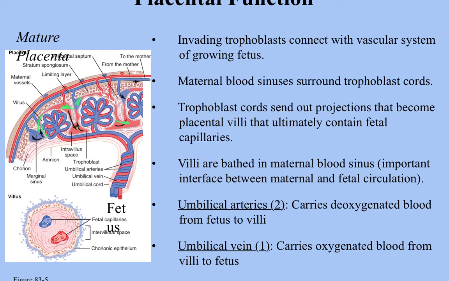And you notice the villi has a single layer of cells between the maternal blood pool and the capillaries of the villi, so that when nutrients and oxygen and waste are exchanged, they exchange across this membrane of the chorionic villi before they actually get to the capillaries of the chorionic villi. So what that does is it helps keep bad things out of the fetal circulation and very tightly regulates what goes in and what goes out.